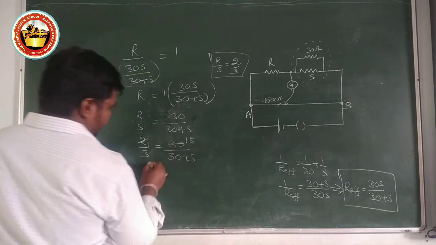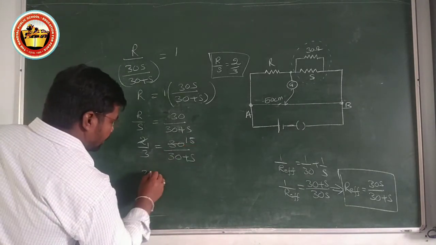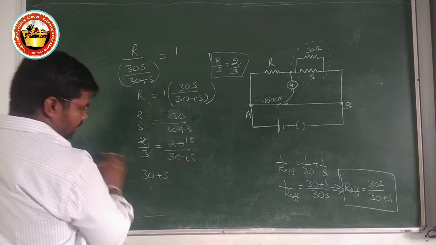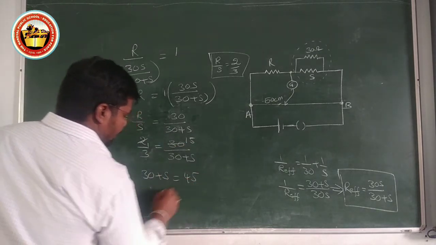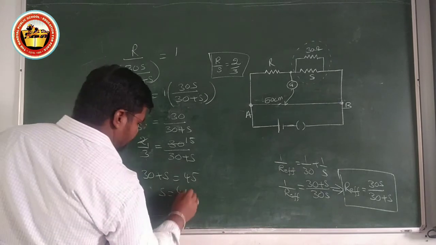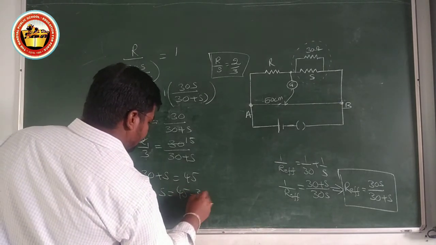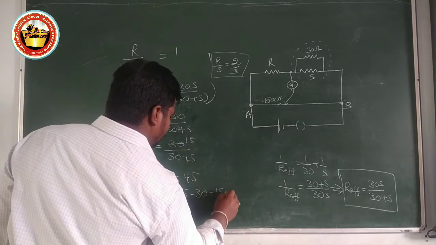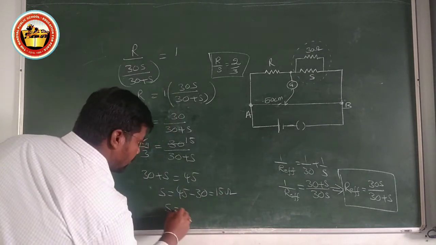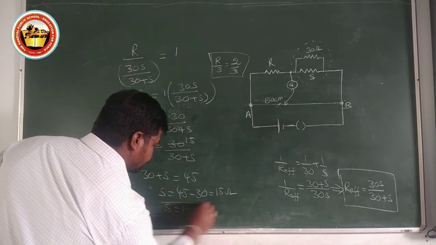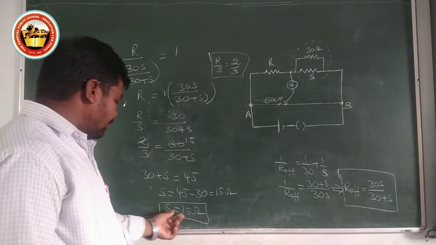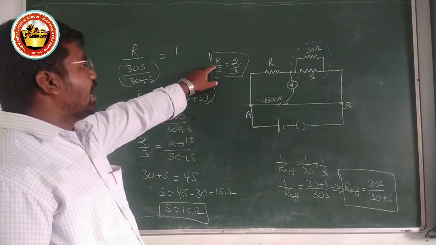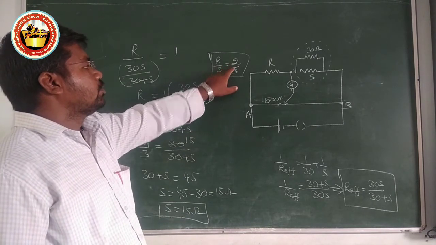According to cross multiplication, we get 30 plus S. Sending this to the left side, 3 into 15 is 45. S is equal to 45 minus 30, which is 15 ohms. So S is equal to 15 ohms, and with this value of S, using R by S is equal to 2 by 3, we can find R.